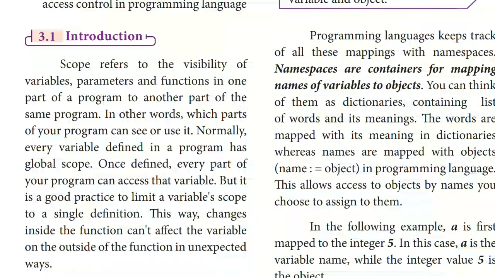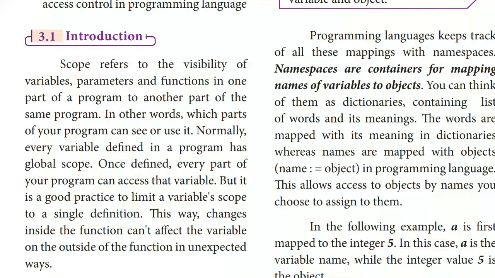Once defined, each part of your program can access that variable, but it is good practice to limit the variable scope to a single definition. This way, changes inside that function cannot affect the variable on the other side of the function in an unexpected way.